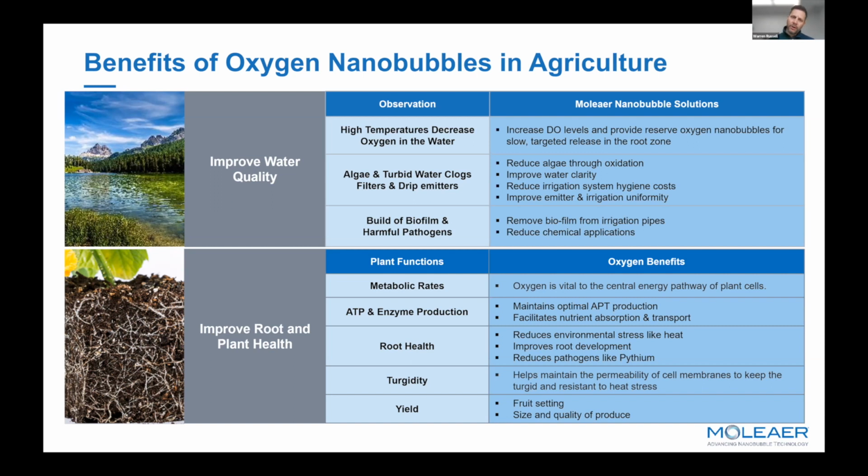And then as it relates to oxygen in the soil and the root zone, we know now that oxygen plays a critical role in ATP production. So it's facilitating nutrient absorption in certain capacities. It's supporting certain enzymatic functions within the plant, and once those metabolic functions are improved, we see things like better stress resistance, better drought tolerance and tolerance to heat.